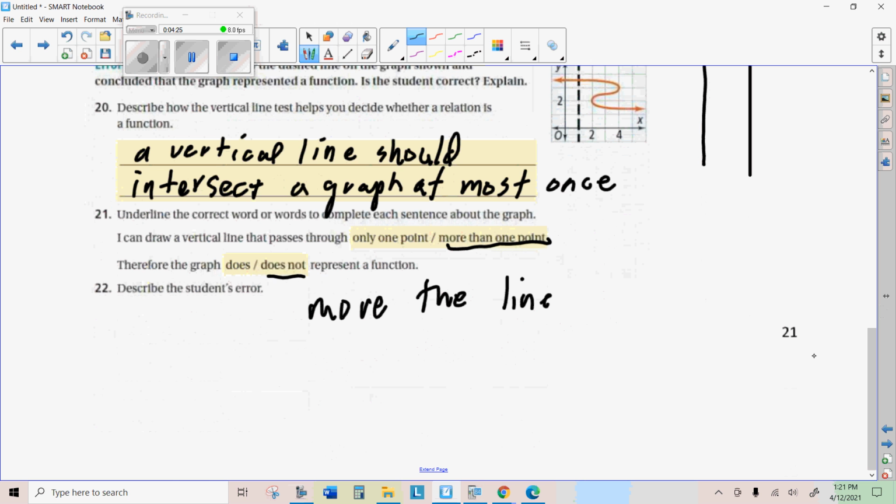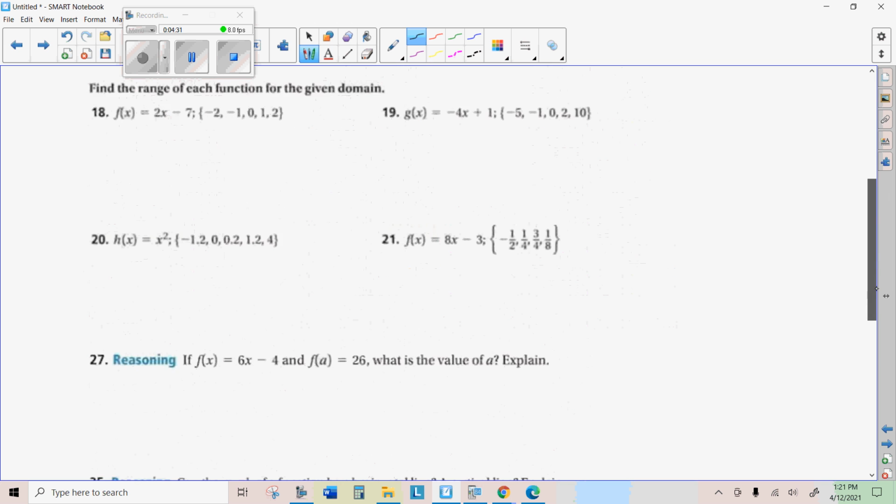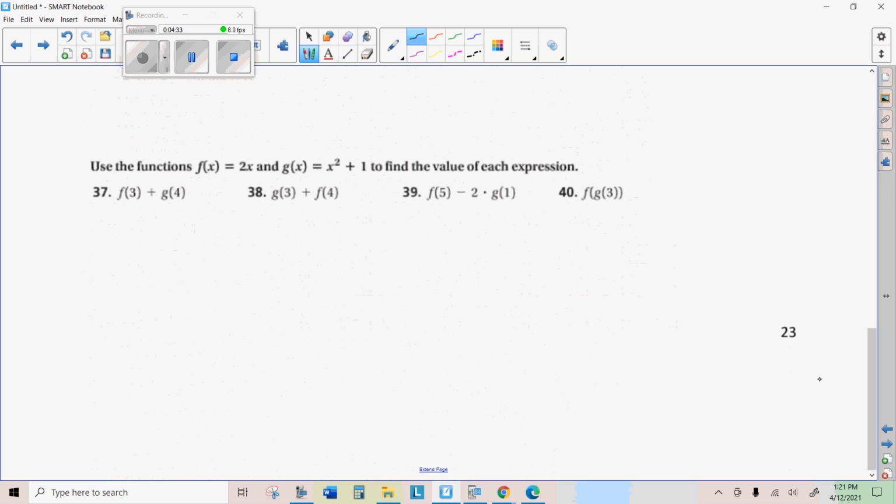You're going to do the homework problems on page 23 today. But down here, I just want to explain what this is saying right here. What this is saying is you're adding the output of the f function when x is 3 to the g function when x is 4.